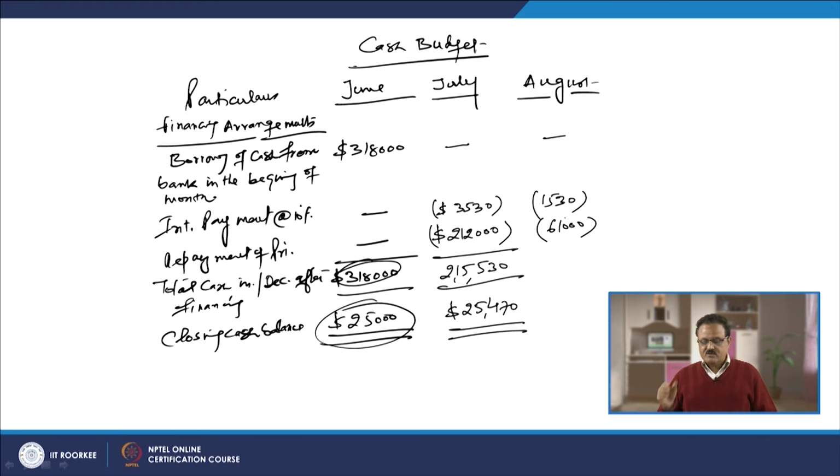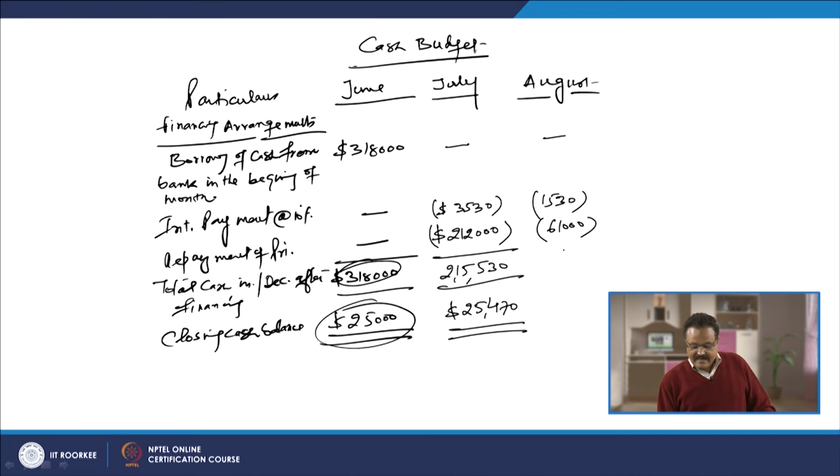So the total amount out of the 63,000 utilized is 62,530. It is a decrease now, we are returning it back. This works out as $62,530 which we have returned back to the bank, with the principal of 61,000 and interest of 1,530.